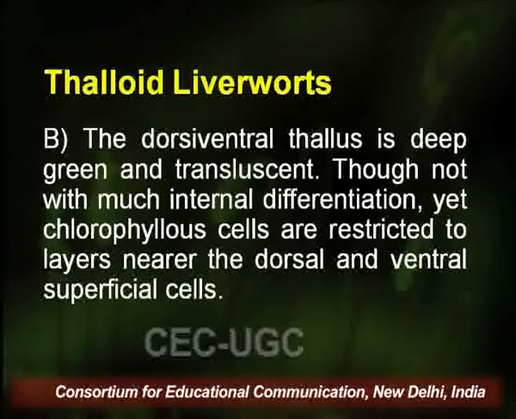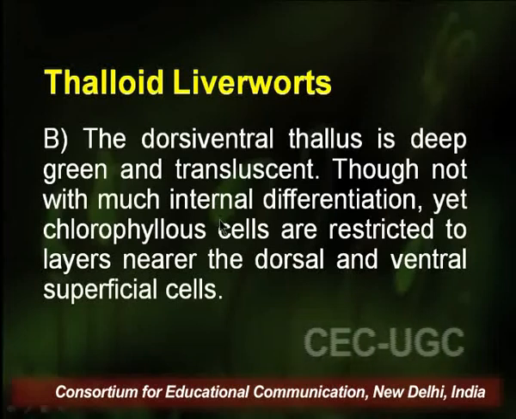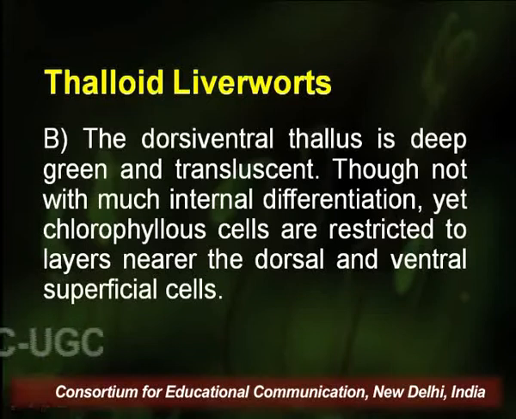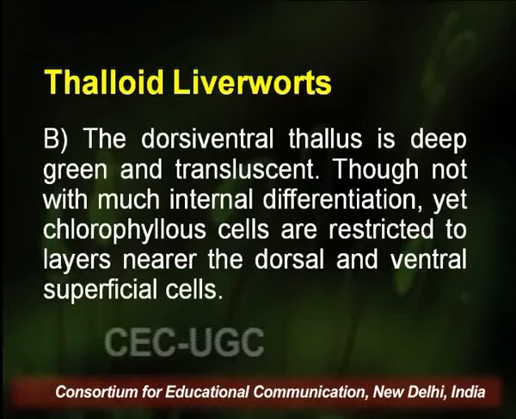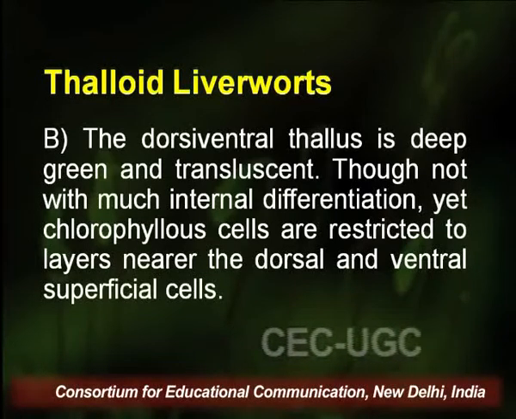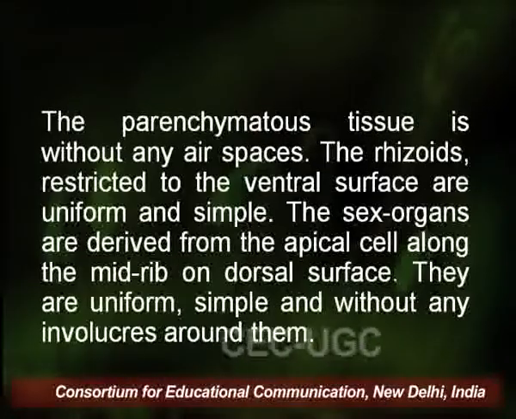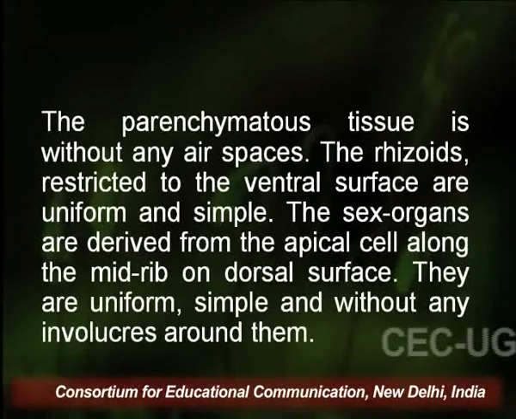The other type of thalloid liverwort is represented by a dorsiventral thallus, which is deep green and translucent. Though not with much internal differentiation, yet chlorophyllous cells are restricted to layers nearer the dorsal and ventral superficial cells. The parenchymatous tissue is without any air spaces. The rhizoids restricted to the ventral surface are uniform and simple.